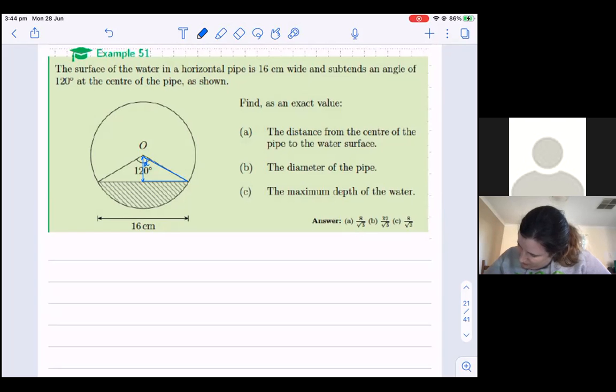We know this angle must be 60. And this length, because they've told us that length is that one across there, so this must be 8.